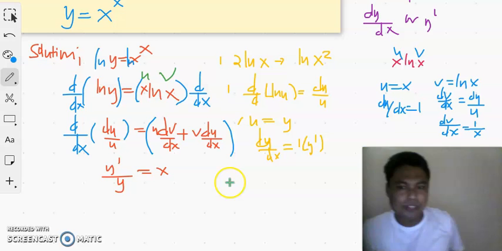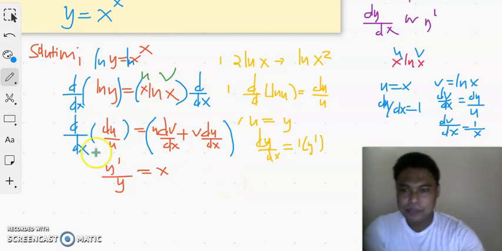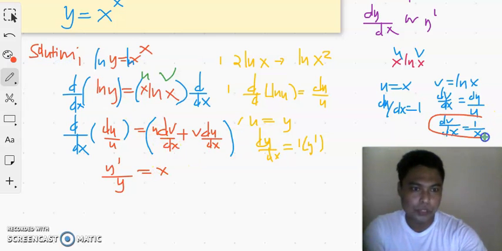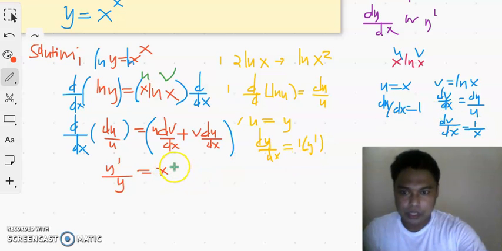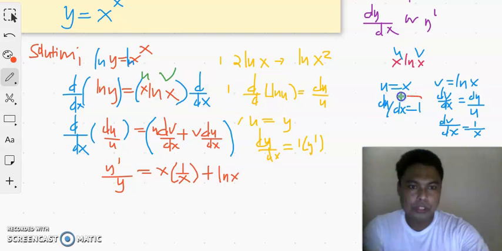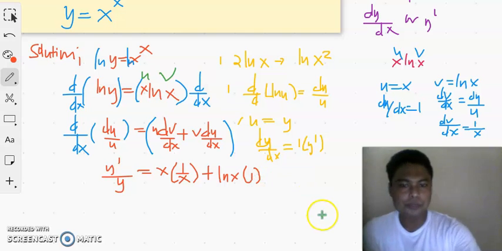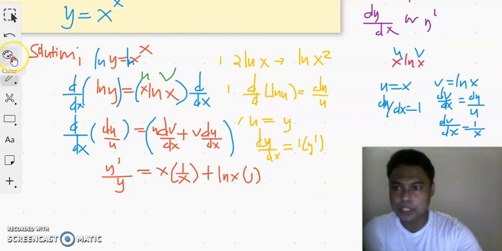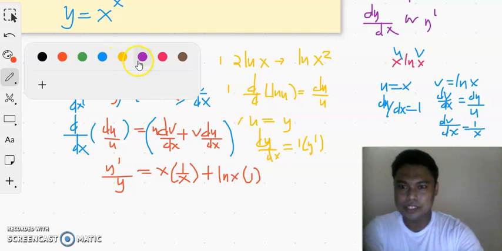Well, the problem is simplified. So back to the problem, this is u dv over dx, so dv over dx is 1 over x, plus what is our v? Our v is ln x, du over dx, this is simply 1. And then have you observed that we can have the cancellation technique?